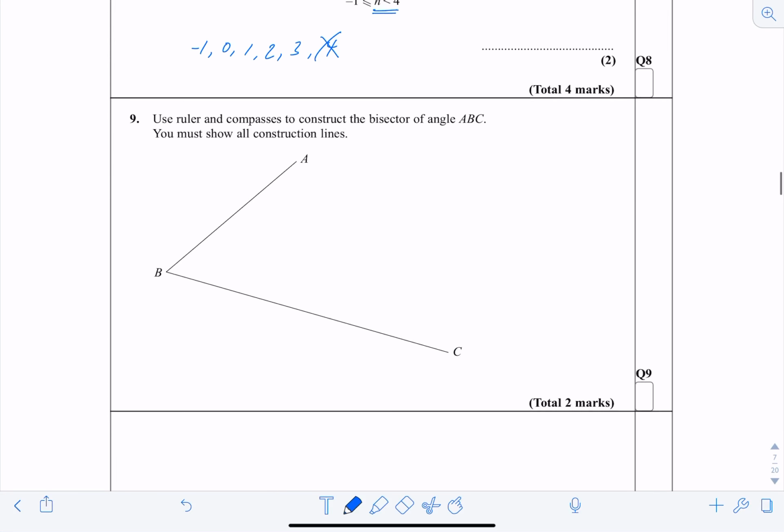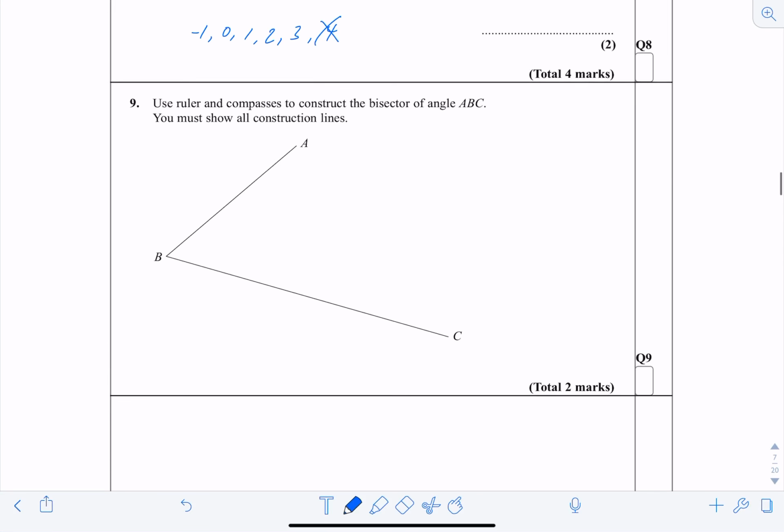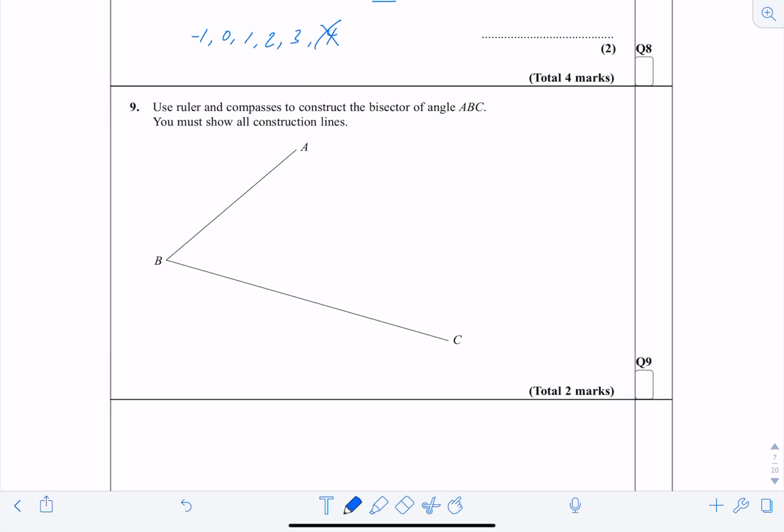Okay. Use a ruler and compass to construct the bisector of angle ABC. You must show all of your construction lines. Okay, so I'm going to have to just do this roughly. But what I would do is I would put the point of my compass there, and I would put a line here, and I would draw kind of like a circle like that.